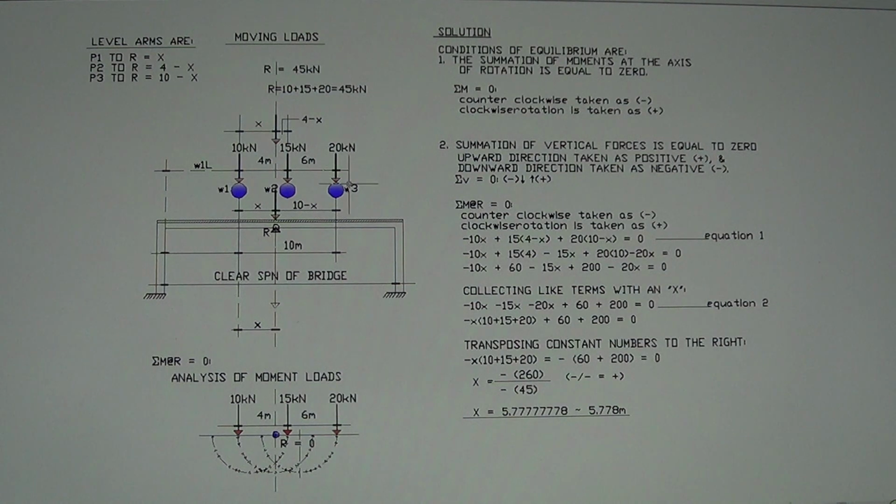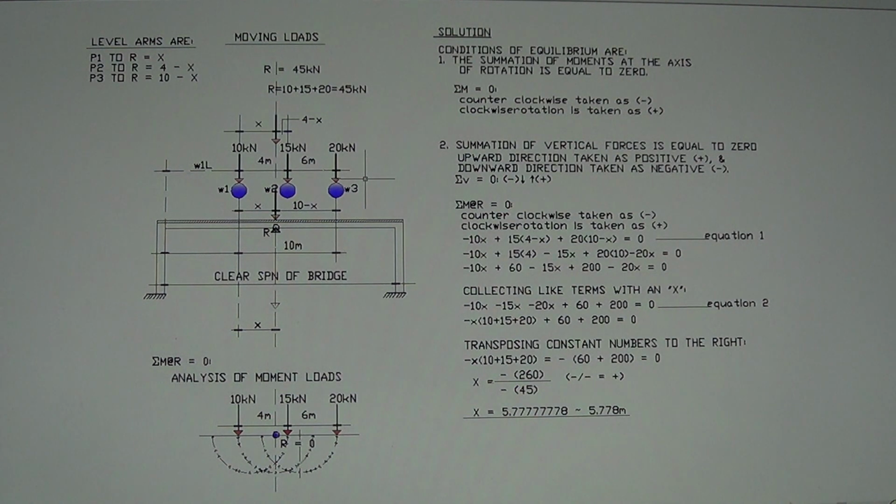So this moving load moves on top of the bridge. So the location of the point R depends on how far wheel 1 is from the support, and if distance W1L is 1 meter, you add the x, and that is the point where you apply the resultant load.